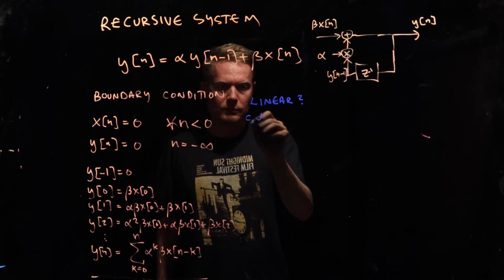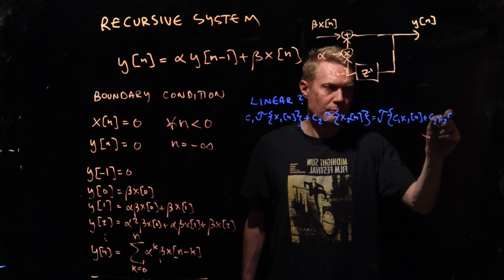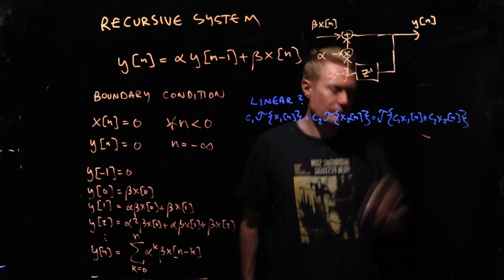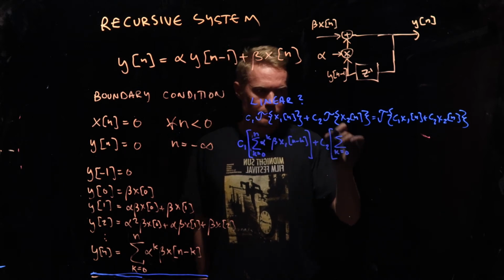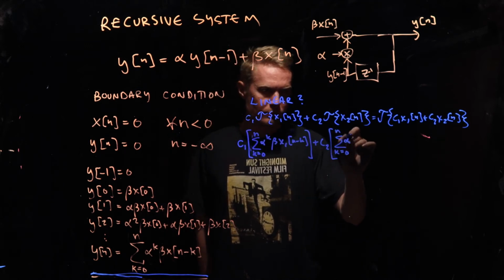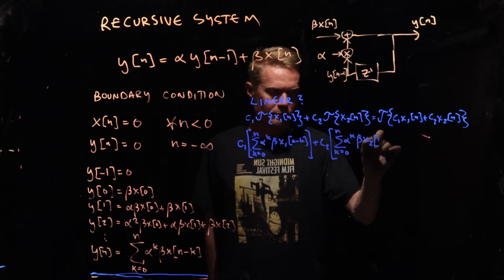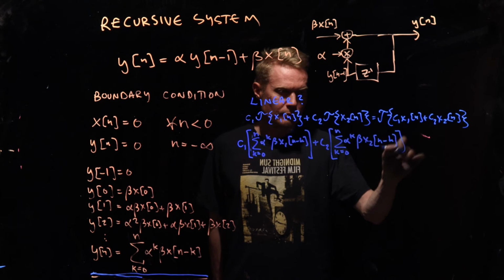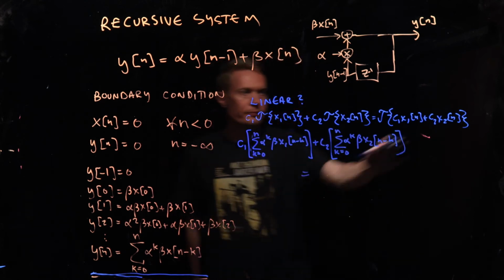Using this closed form solution, now we can test for linearity, and here is the test of linearity. So the left hand side, basically the linear combination of outputs fed by signals x1 and x2 multiplied with coefficients c1 and c2, using this closed form solution, evaluates to this.